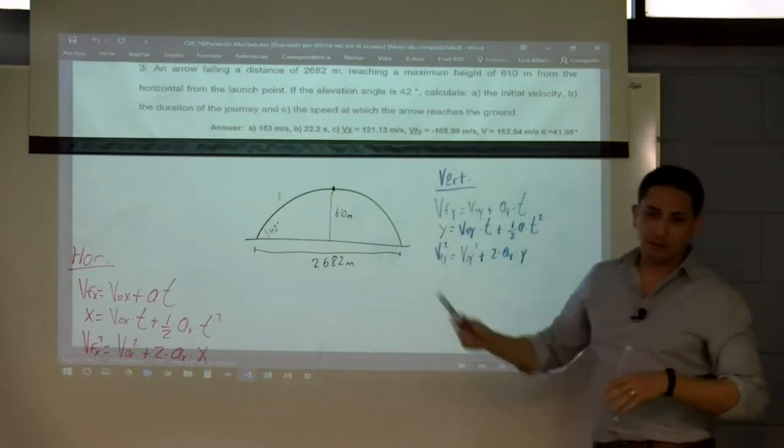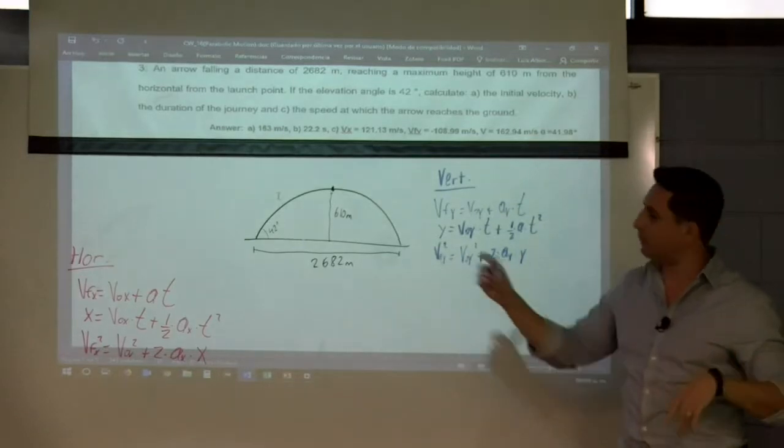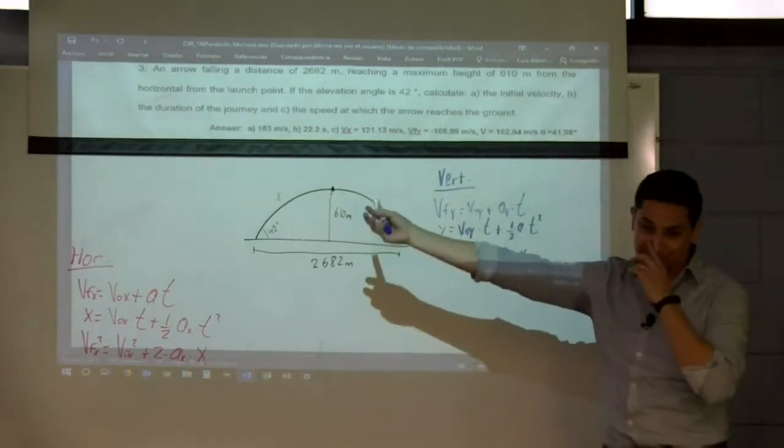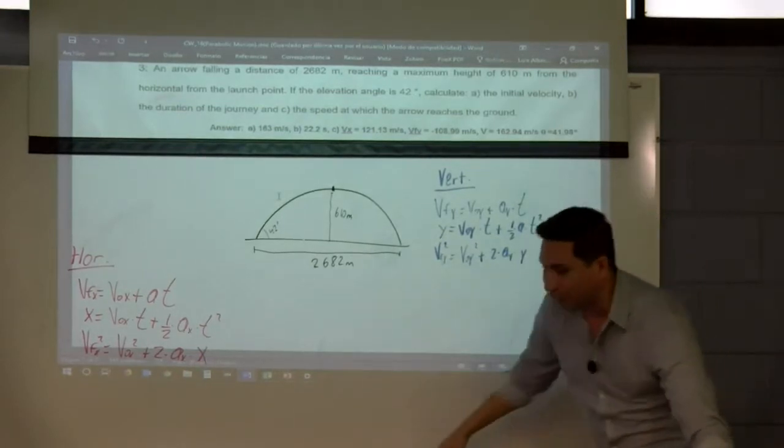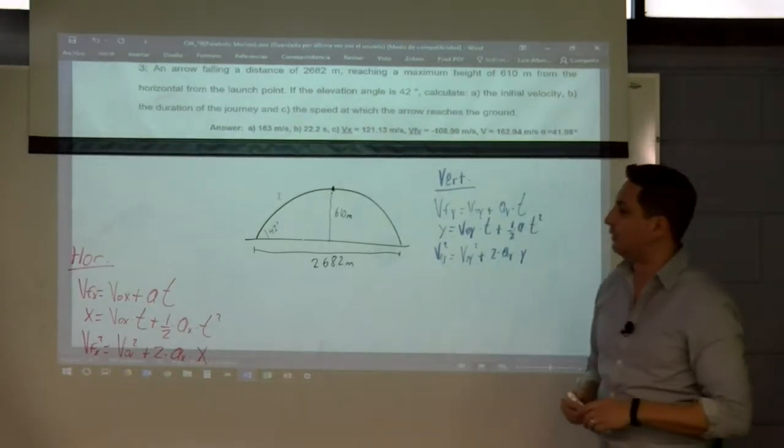As you can see, they are exactly the same equations, but these ones are y and these ones are x.